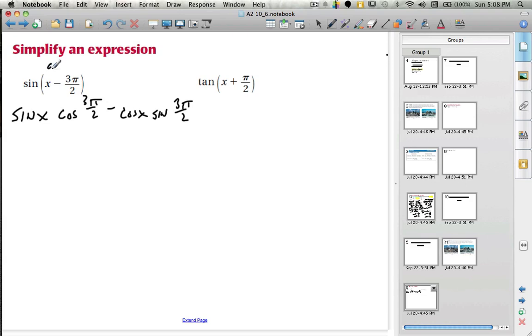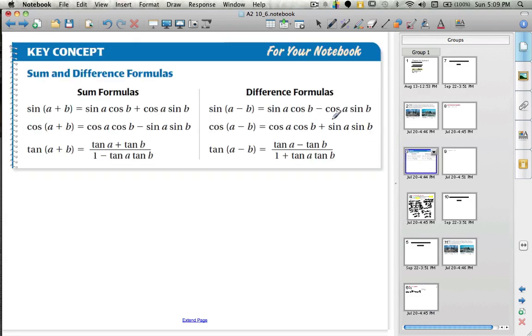If you think of this as A and this is B, I have sine A cosine B minus cosine A sine B. Let's make sure I did that right.